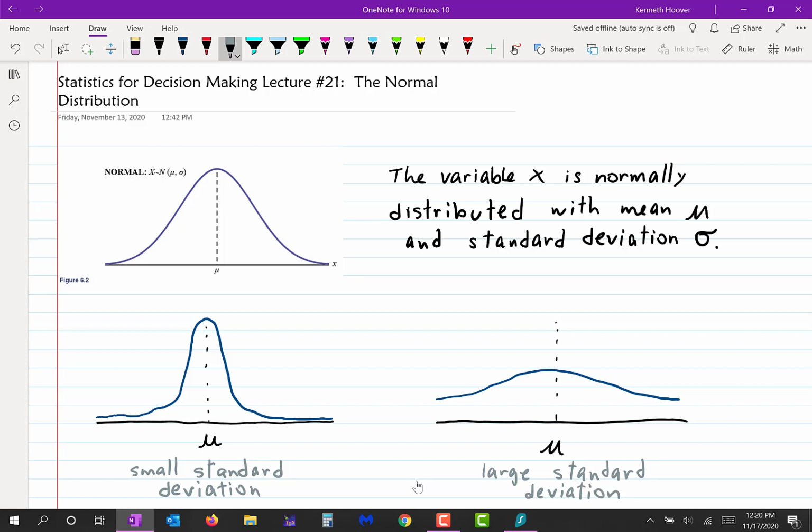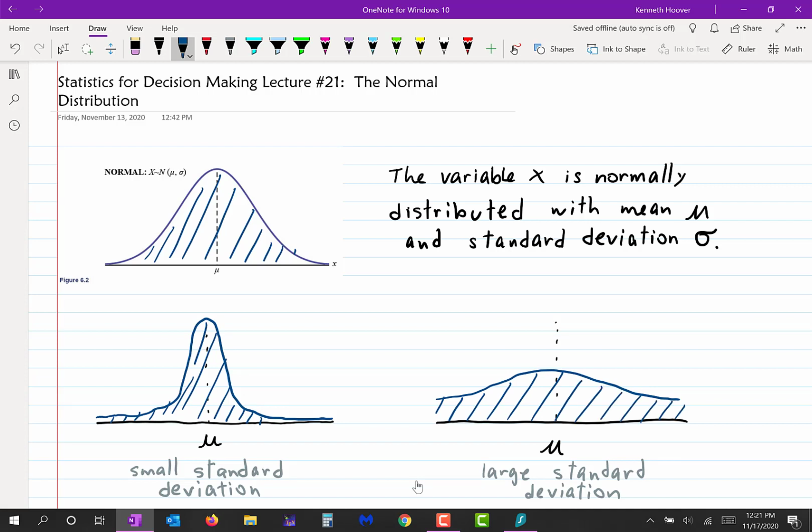Okay? But no matter what, the total area under the bell curve equals 1. Because that's how it always is for a probability distribution.